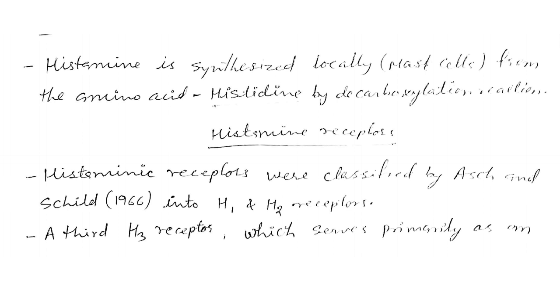They are also synthesized locally, meaning in the mast cells they are synthesized from an amino acid called histidine. Histidine is an amino acid, and through a decarboxylation reaction, by the decarboxylase enzyme, histamine is synthesized in our body from histidine.